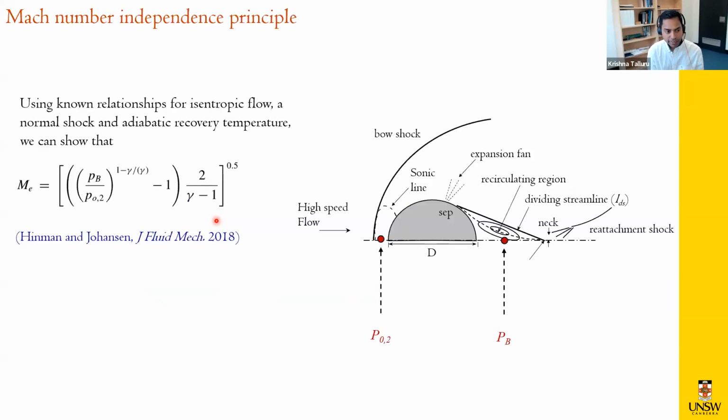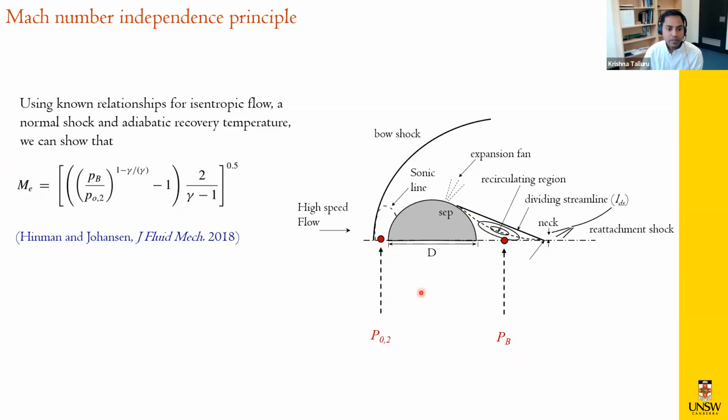The second statement leads to this insight, where one can analytically derive this expression for the Mach number just downstream of the bow shock, shown by M_E. And what we can see is that it is purely a function of the fluid property gamma, and of the ratio of the base pressure, which is the pressure within the recirculating region, to the stagnation pressure just upstream of the bluff body, but downstream of the shock.